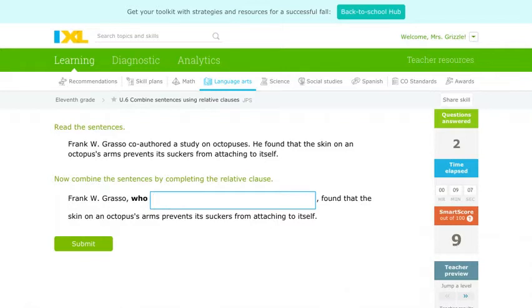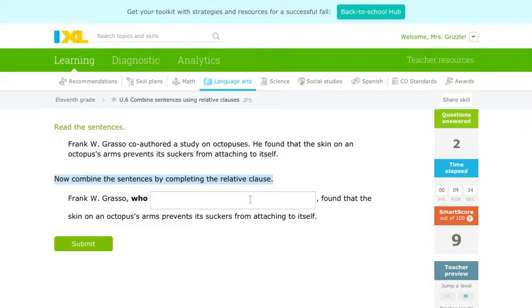I think you guys are going to have a pretty easy go of this because all they're asking you to do is take the sentence that they give you and convert it into a sentence that has a relative clause. So they want you to take the first and the second sentence and combine them into one sentence, which is going to be really great for your writing because it's going to smooth out some of that choppiness that sometimes comes with multiple sentences.